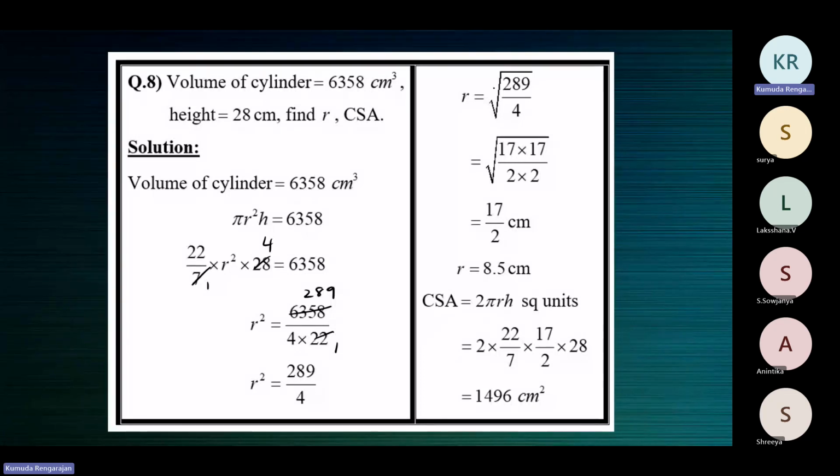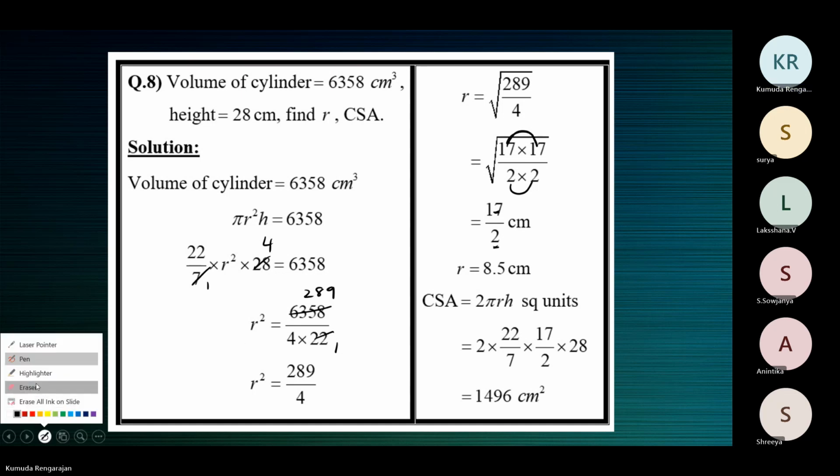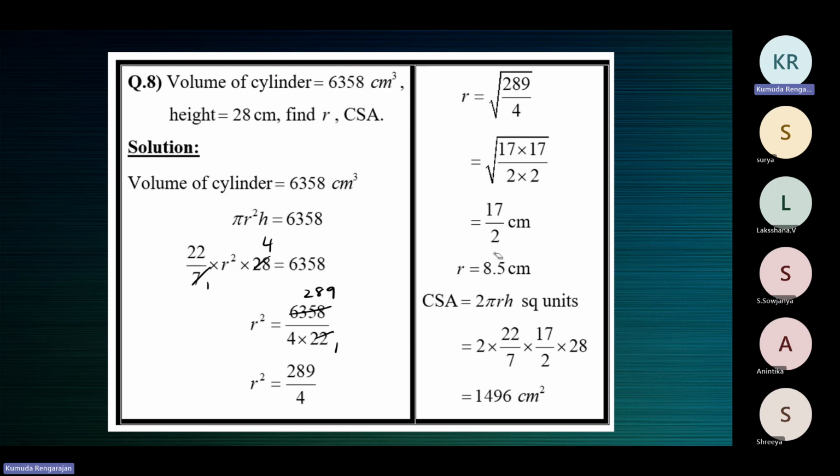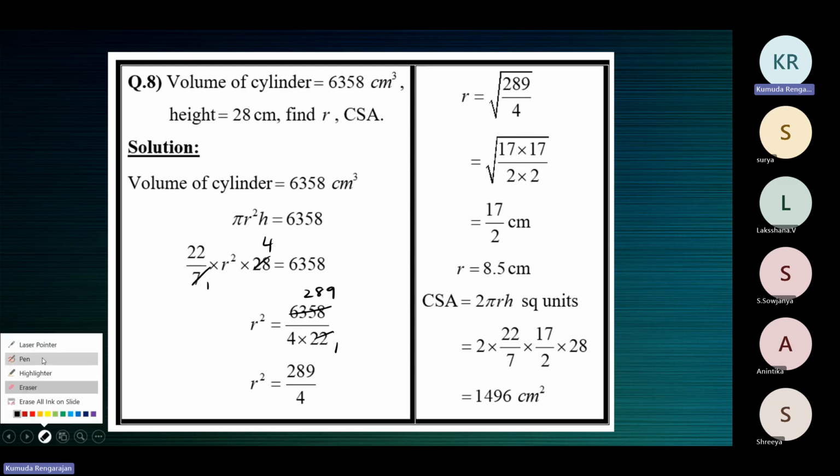So r will be equal to the square root of 289/4. 289 is 17 into 17, and 4 is 2 into 2. From two equal factors, one comes out of the square root. From two 17s, one 17 comes out, and from two 2s, one 2 comes out. So 17/2 or 8.5 centimeters is the radius of the cylinder.